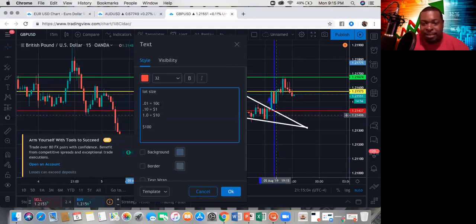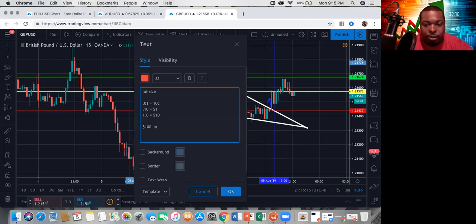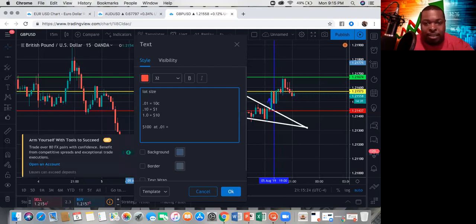But if you put in 10 cents and it goes back 10 and you've got a $100 account, you only risk basically $1 if you think about it. So if you had $100 at 0.01, right? And you're trading at 0.01 and you got 10 pips, you just made $1, right? So let's put that right there. Plus $1.